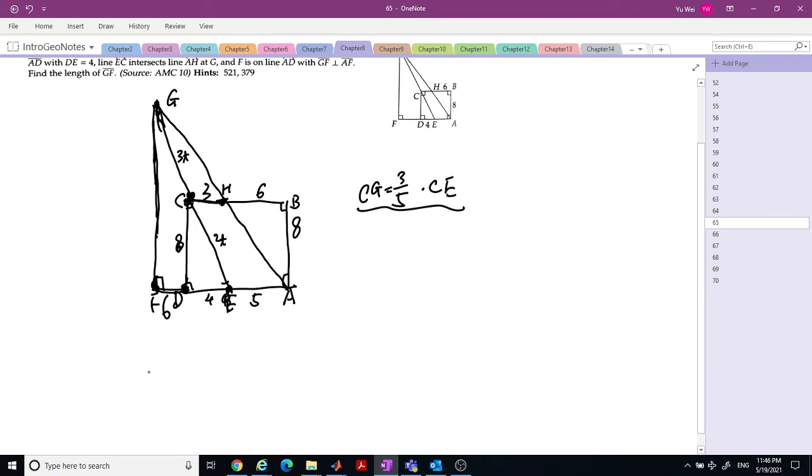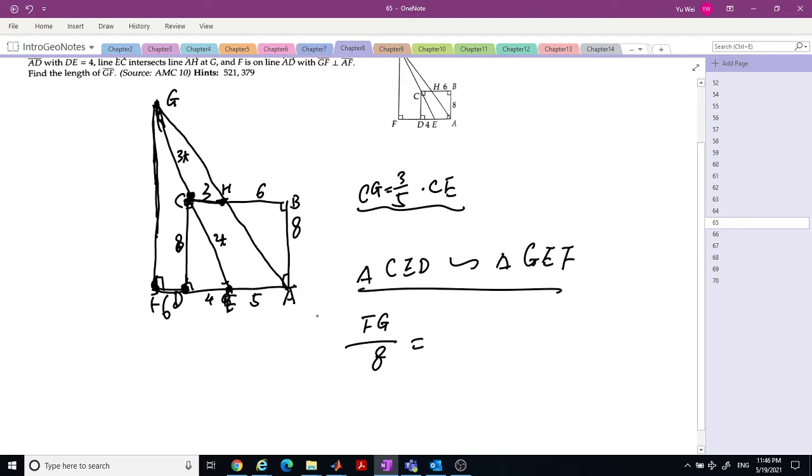Now we can solve: triangle CED is similar to triangle GEF. So FG over 8 equals 10 over 4, so now you can solve FG is equal to 20.